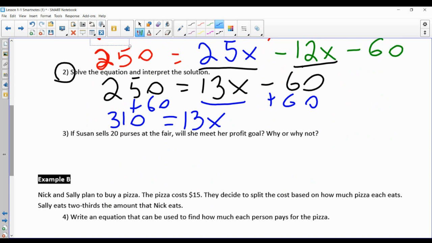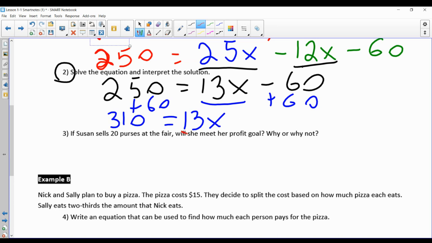we've got to figure out how many purses it's going to take to actually make that much money. Well, now we want to get the x by itself. And one of the key things you'll hear me say throughout the year is that if you ever want to do something algebraically or get rid of a number, move it to the other side, anything like that, always do the opposite of what's given. Technically, this is 13 times x.